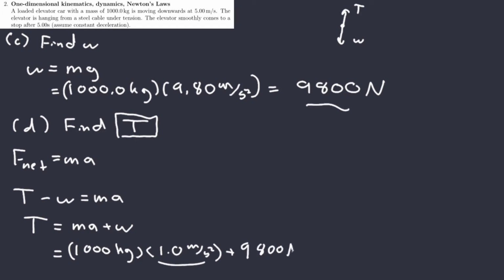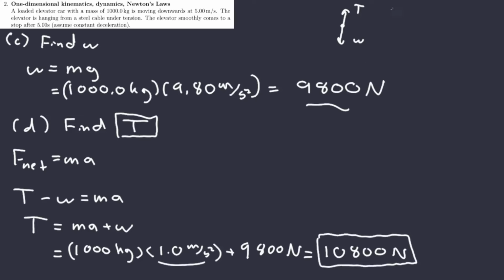So we're really just plugging in the work that we did in parts B and C leading up to this. Now if we plug these numbers into our calculator or just do the multiplication and addition, we end up with 10,800 newtons. This is our tension.